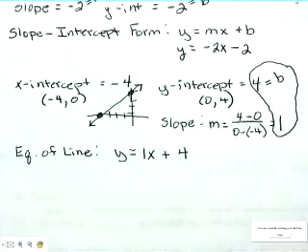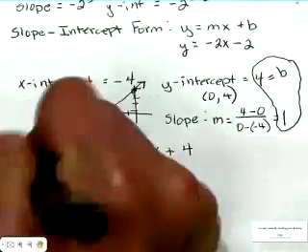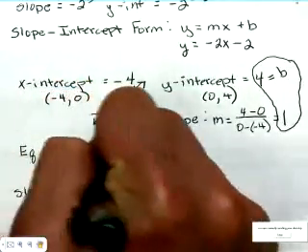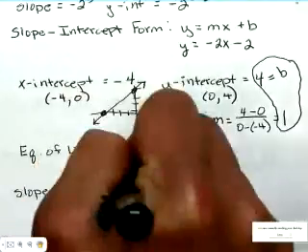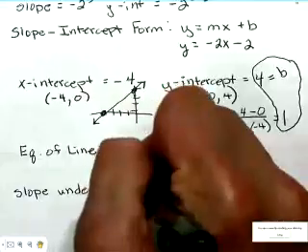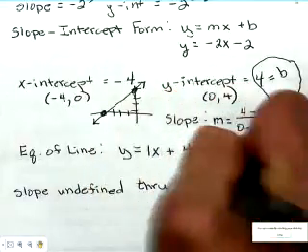The next two problems require absolutely no work, but they're some of the most missed problems on the test. 56 says, find the equation of a line with undefined slope and through the point 3, 8.